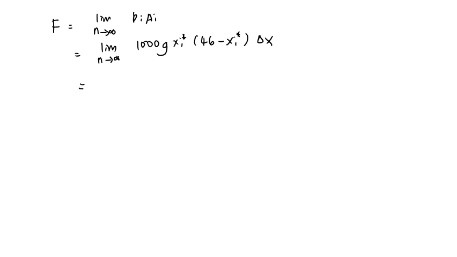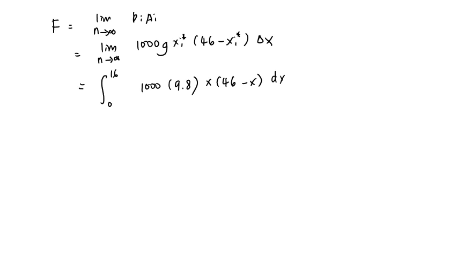as n approaches infinity of the sum of Fi, and just putting in the expression that we got just now, and converting it into integral form from 0 to 16 times 1000. I think by this point of time we can just substitute g with 9.8, xi star just x, no more i now, 46 minus x dx.